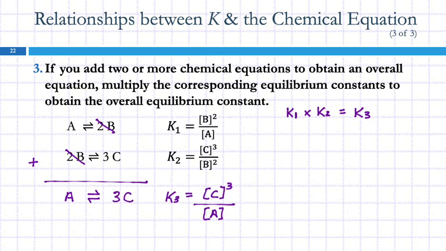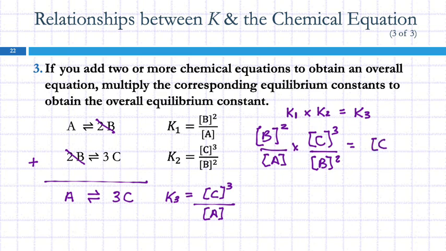So let's see if that's true. So K1 was B squared over A, and that's times C cubed over B squared. And let's see, does that equal C cubed over A? Well, the B squareds are going to cancel out. So yeah, they're equal.